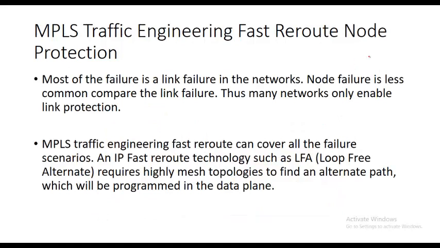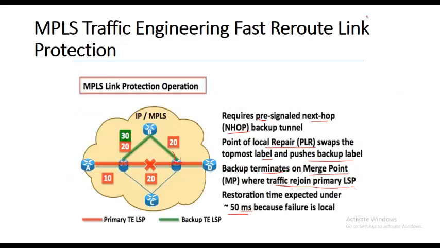If the topology is a ring topology, then loop-free alternate cannot even work. See, it's a ring topology. Loop-free alternate won't work. More about loop-free alternate, we will talk about when we go to segment routing. It requires a tunnel to the PQ node.